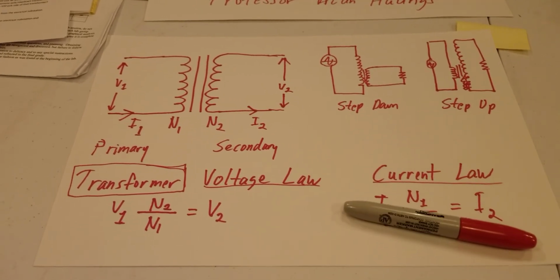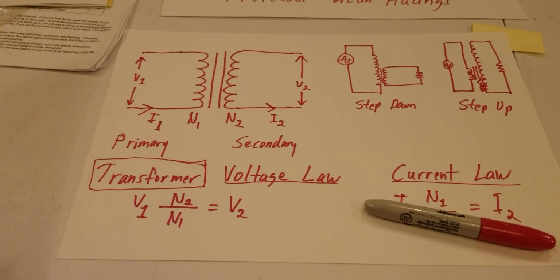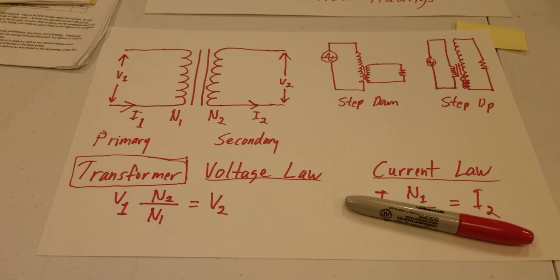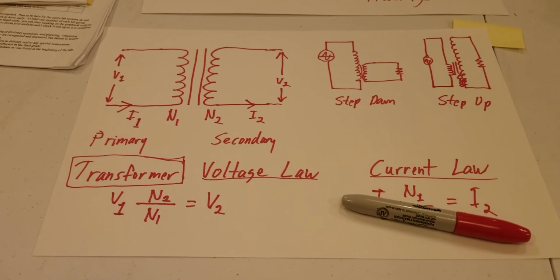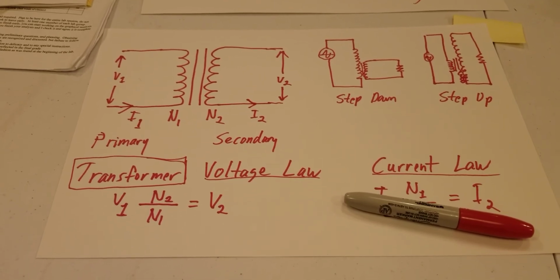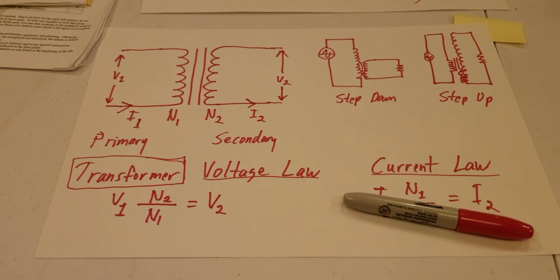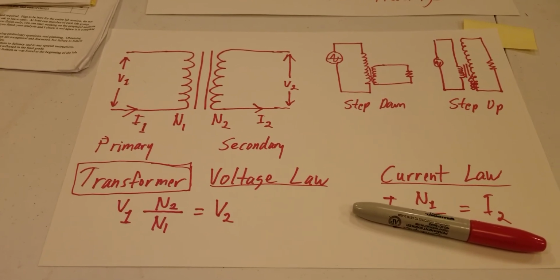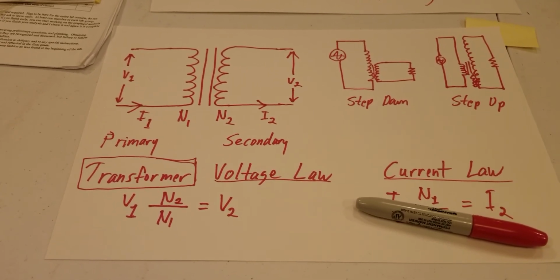Let me just look at the questions, make sure that you're capable of answering them. A changing magnetic field creates an electric field. The electric field's magnitude is proportional to the rate of change of the magnetic field.